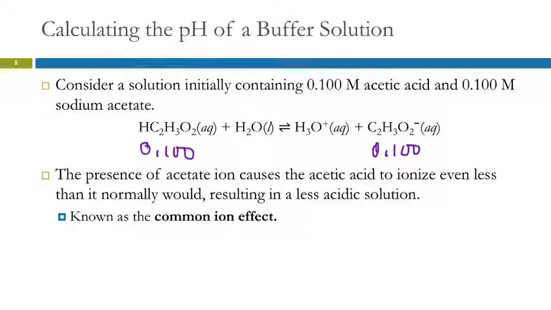We could figure this out using an ice table, right? This is the initial, and the water we don't need to worry about. The H3O, we'd say that's 0 to start with. And then we'd need the acid dissociation constant for this, and then we could figure it out.